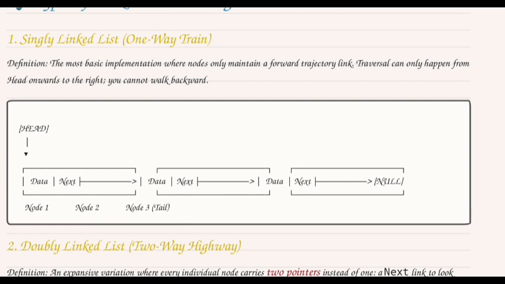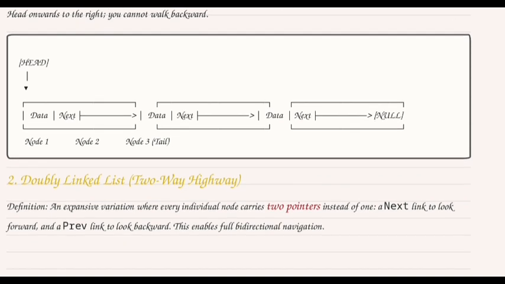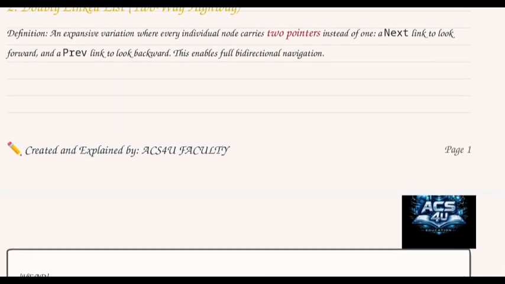The next one is the doubly linked list. It is the second type of linked list, said to be a two-way highway. Its definition is an expansive variation where every individual node carries two pointers instead of one: a next link to look forward and a previous link to look backward. This enables full bidirectional navigation.